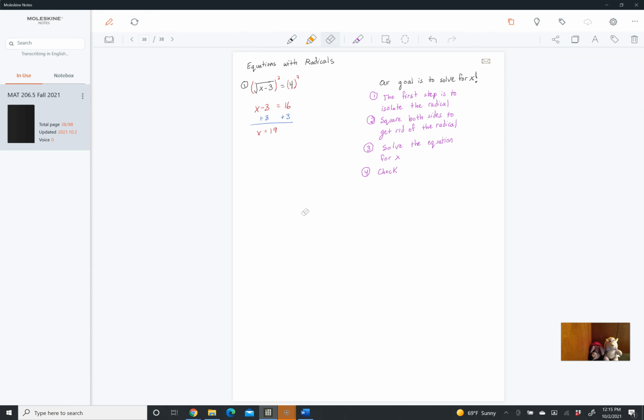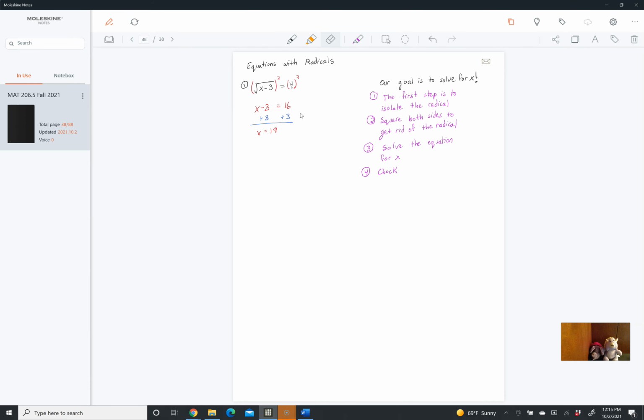Here, sometimes you're going to get an extraneous solution as well, because the solution x equals 19 is a solution to this equation x minus 3 equals 16. It doesn't take into account that the original equation had a radical in it. And because it doesn't take that into account, sometimes because you're squaring, you're getting a solution that does not work. Okay, so because you're creating a new equation in the process of solving, sometimes you could get an extraneous solution that works for that new equation, but not for the original.